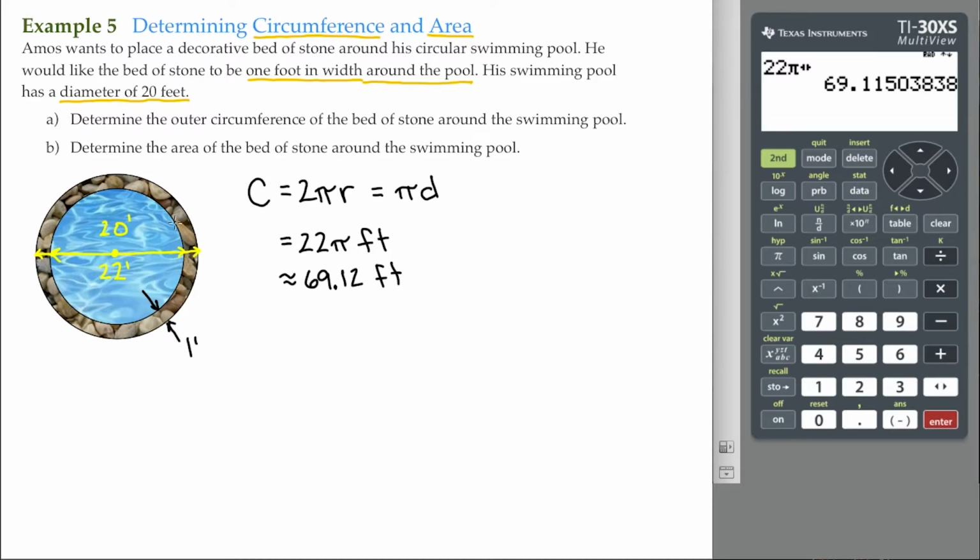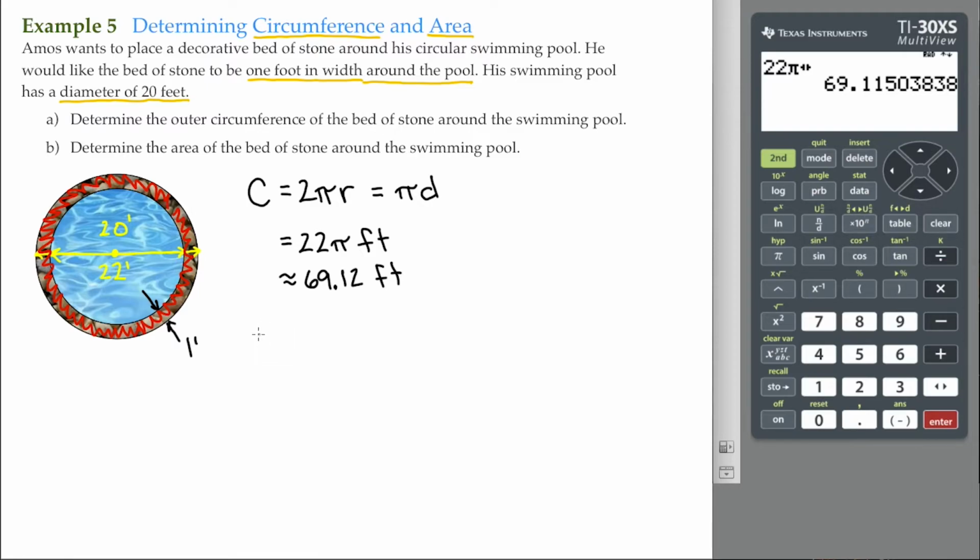B then says determine the area of the bed of stone around the swimming pool. Now the area is just this ring around here of the stone. That's just this amount here that we're looking for. In order to find that area, we'll have to find the area of the entire circle.